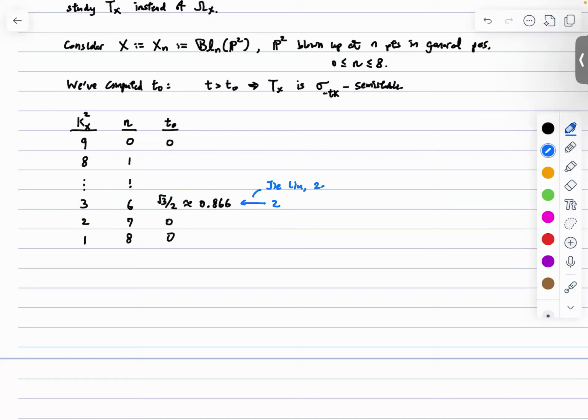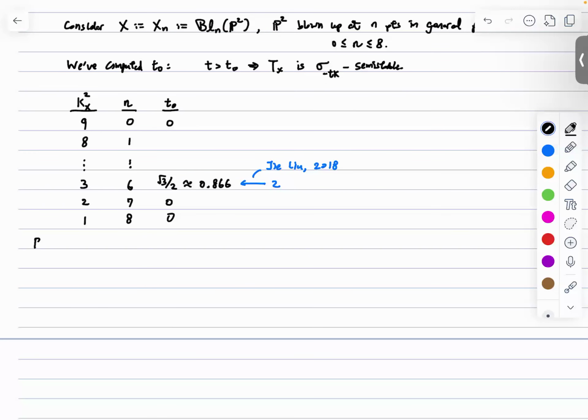from 2018. He had this proposition in his thesis, which says the following.